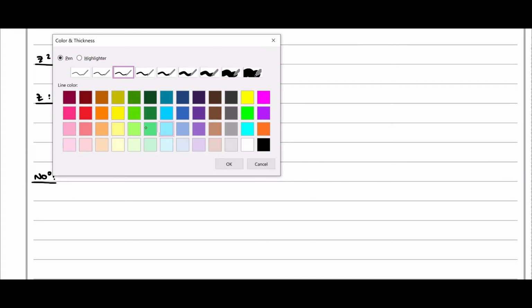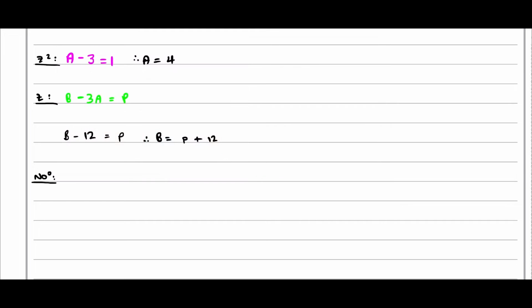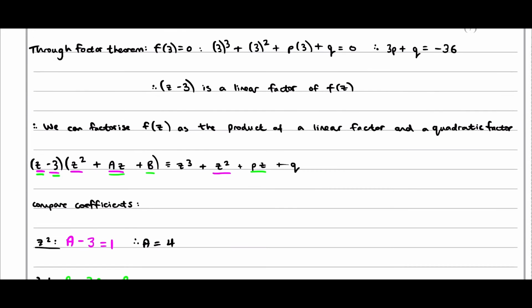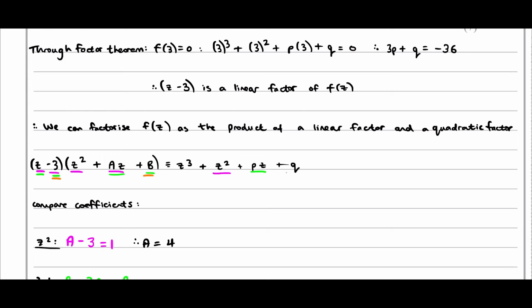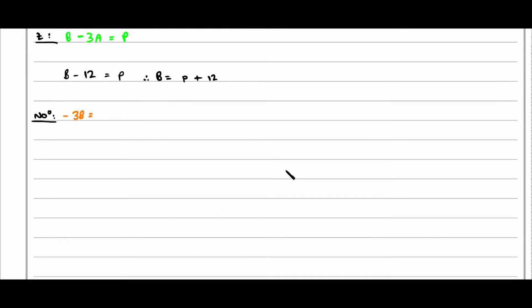And if we compare the numbers, we'll do this in orange. On the left hand side we have minus 3 times by b of them, so we have minus 3b. And on the other side we have q of them. We'll leave that as it is.